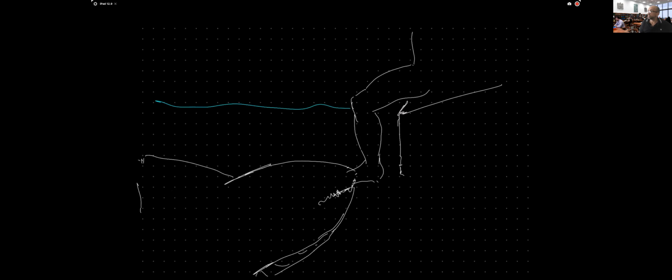So what do you think is going to be your response as a reflex? If somebody is pulling your leg, would you let it go or would you pull in the opposite direction? Pull back. You're going to pull back, this one on this side. And how about the other side?